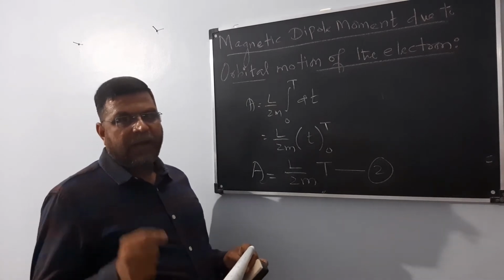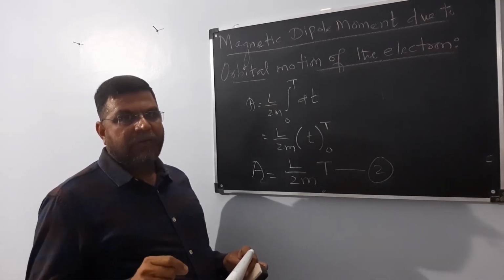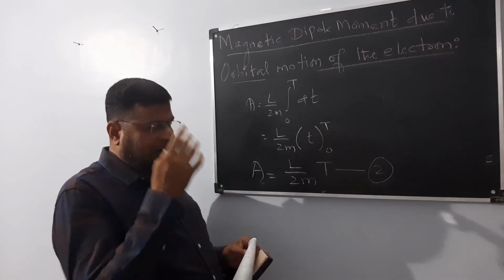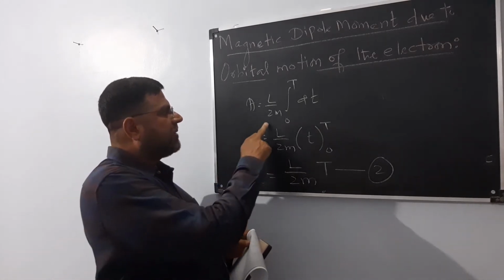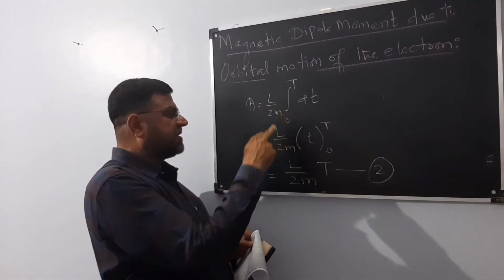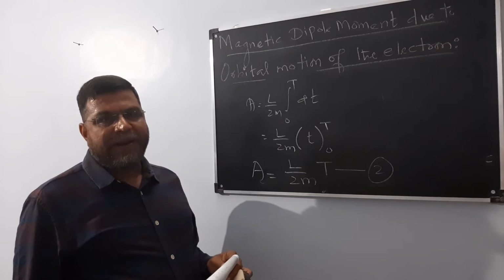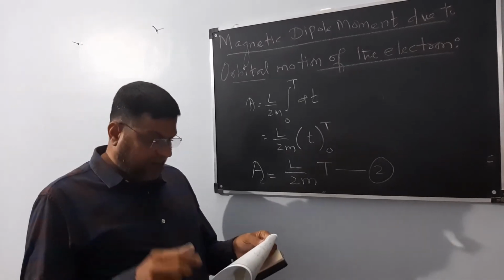So we have to take the orbital quantum number and the other quantum number, equate both the orbital motion and the angular motion, then you will get such an equation. Substitute, and finally you will get the area travelled by the electron in an orbit.